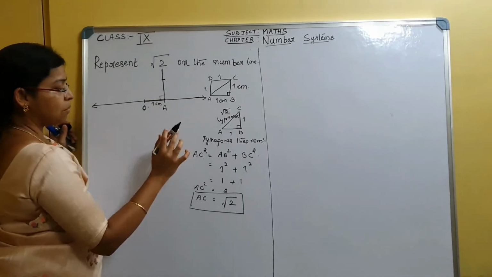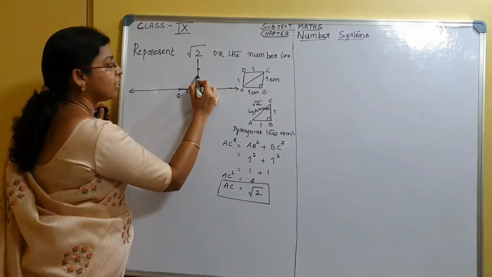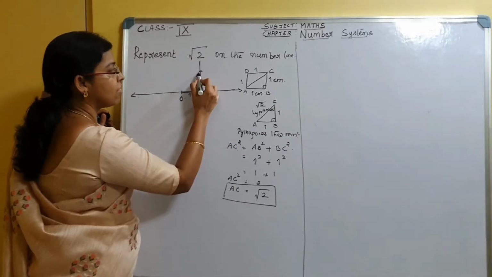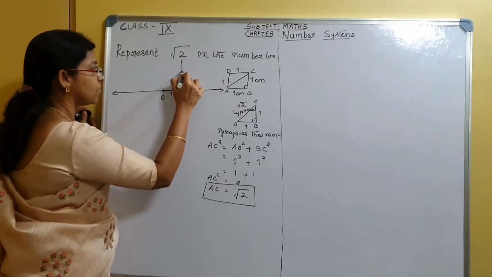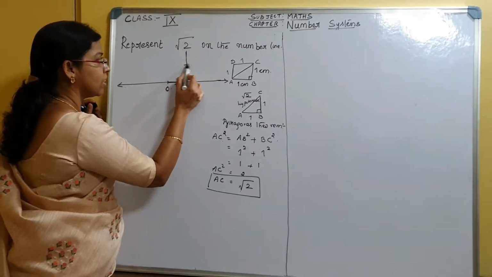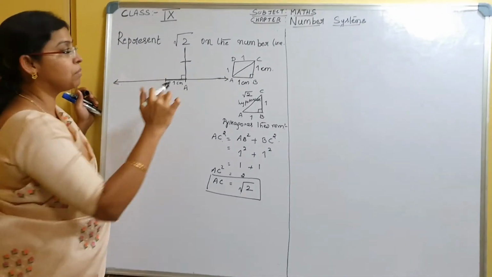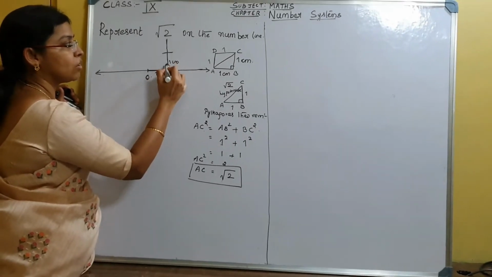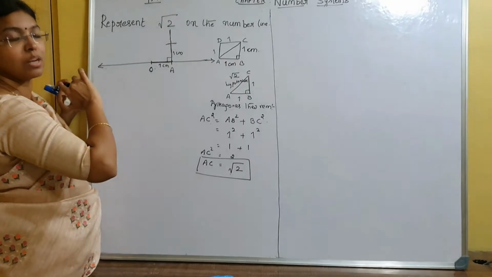And take a compass and measure 1 centimeter on the ruler, and then cut an arc here. So since this is 1, with a compass I will take 1 centimeter and cut an arc on this line to measure 1 centimeter here also, right? Because we are trying to get this right angle triangle on the number line here.